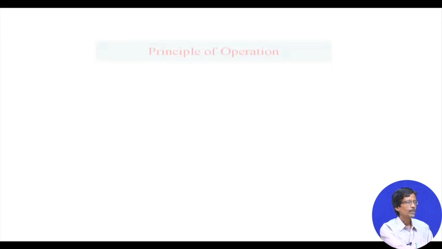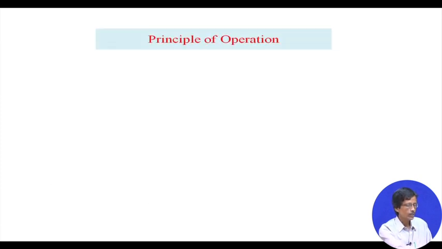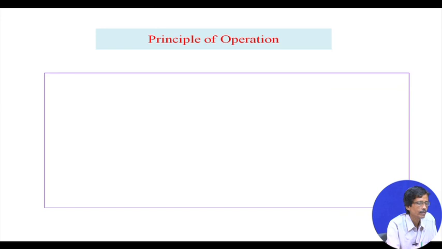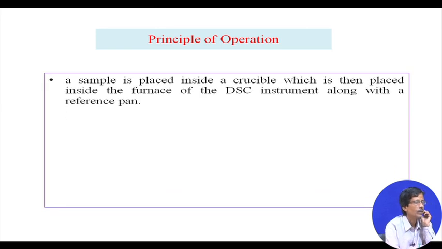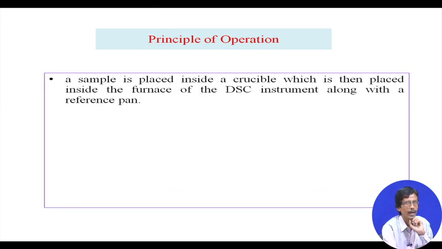So, how do we monitor this? The principle of operation is therefore very important, and it tells us that initially we have a sample in hand, which is placed inside a crucible.